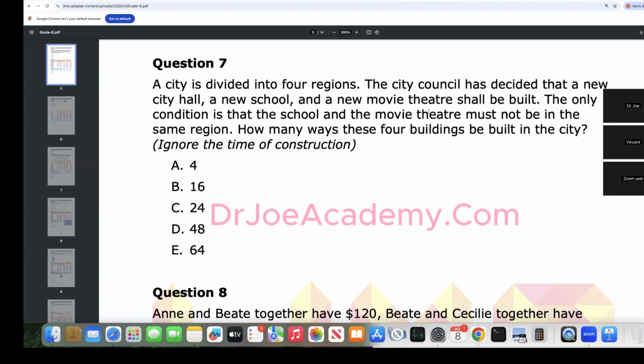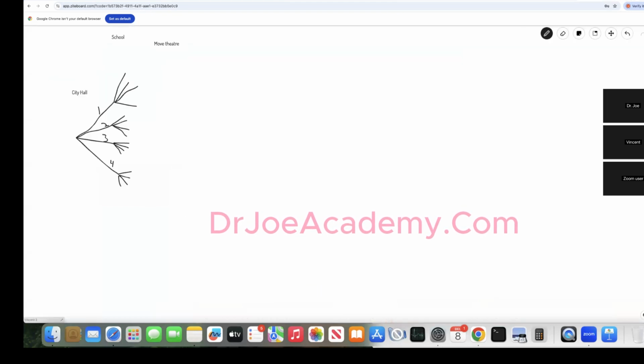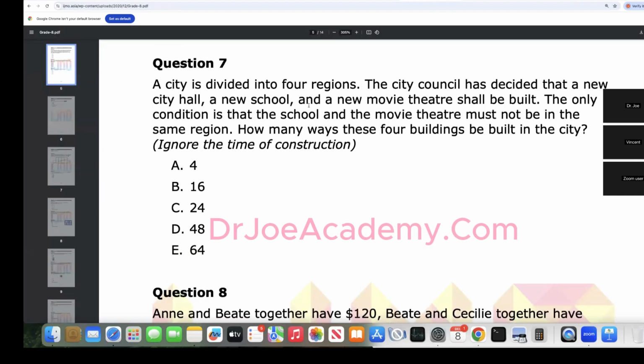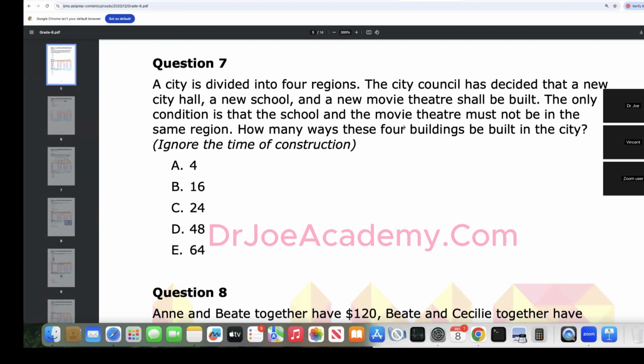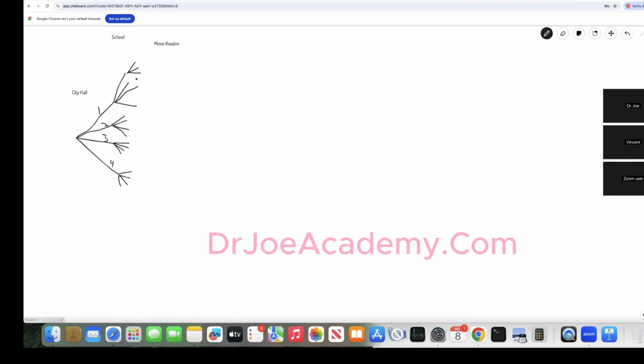So how many regions does the movie theater have? The movie theater has three other options, because there are four regions, and whichever region the school is built in, the movie theater can't be built there but can be built in the three other regions. So this is actually three.